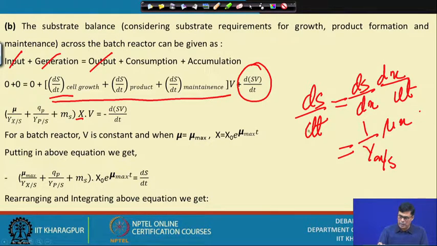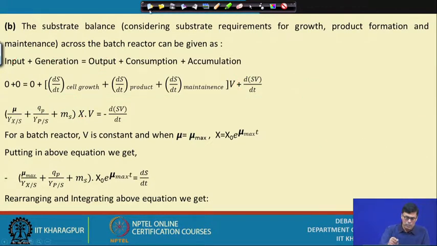I can write it in a similar way, the dS by dP into dP by dt. Here qp, what is qp? qp is the specific product formation rate. What is the specific product formation rate? 1 by X dP by dt, am I right?